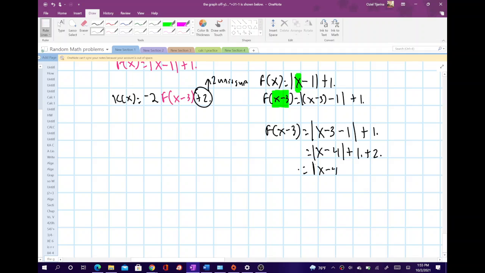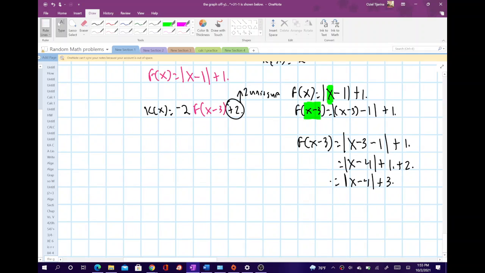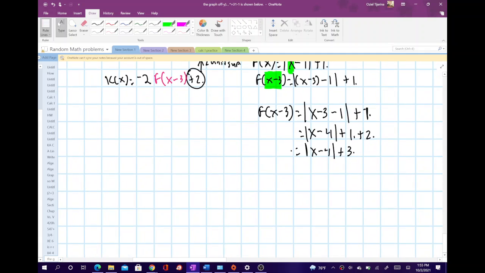So you have the absolute value of x minus 4 plus 3. That's because here, when it's saying plus 2, that's plus something on the outside. So that means we're going to add, and we already had this 1 here, so we're going to add 2 to that, and we get x minus 4 plus 3.